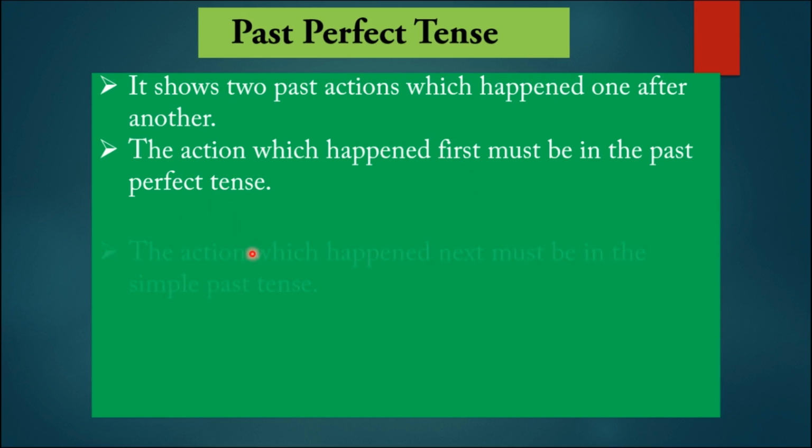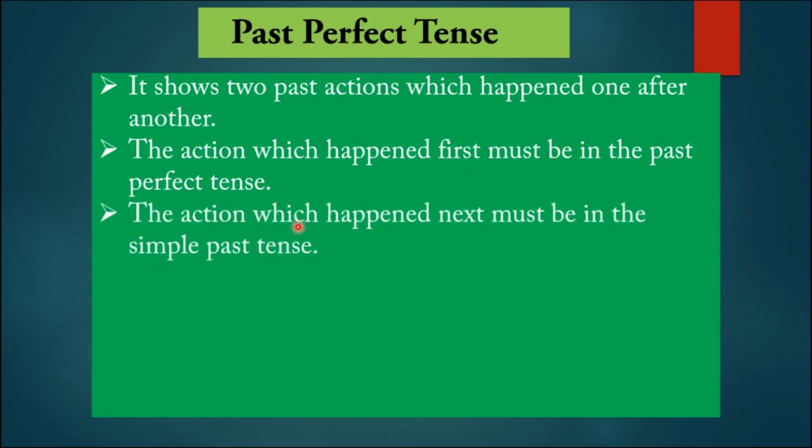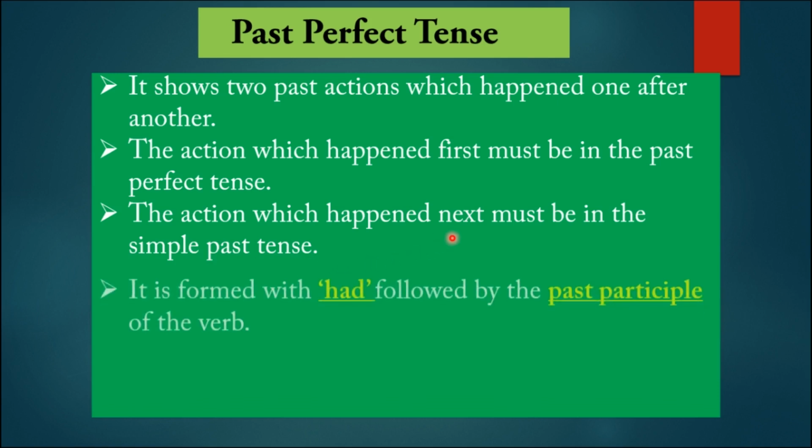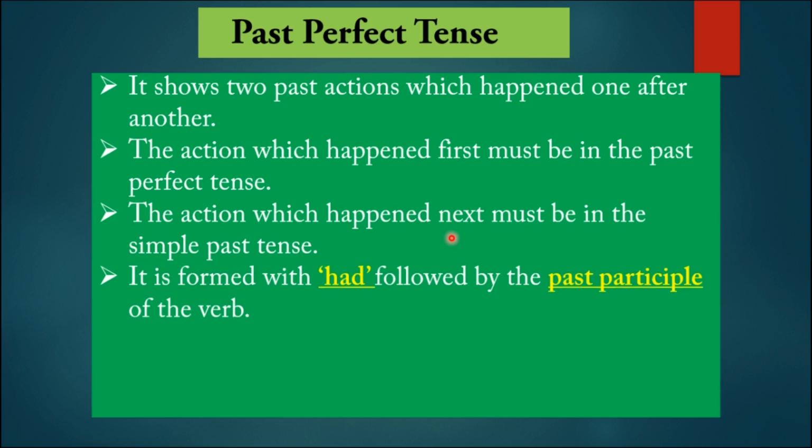Then you can understand that the action which happened next must be in the simple past tense. I repeat, two past actions occurred in the past. The first action is expressed in past perfect. The next action must be expressed in simple past tense. That is the technique involved in past perfect tense.